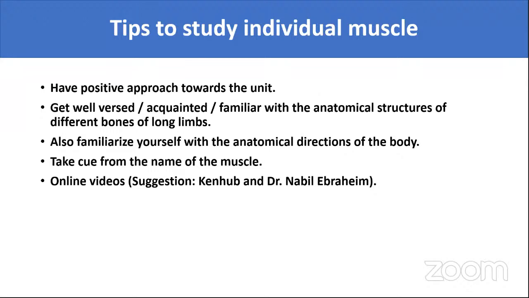So you have the pectoral girdle, then humerus, radius, ulna, carpals, metacarpals, and the phalanges. Whereas in the lower limbs, it is the pelvic girdle, femur, tibia, fibula, tarsals, metatarsals, and the phalanges.